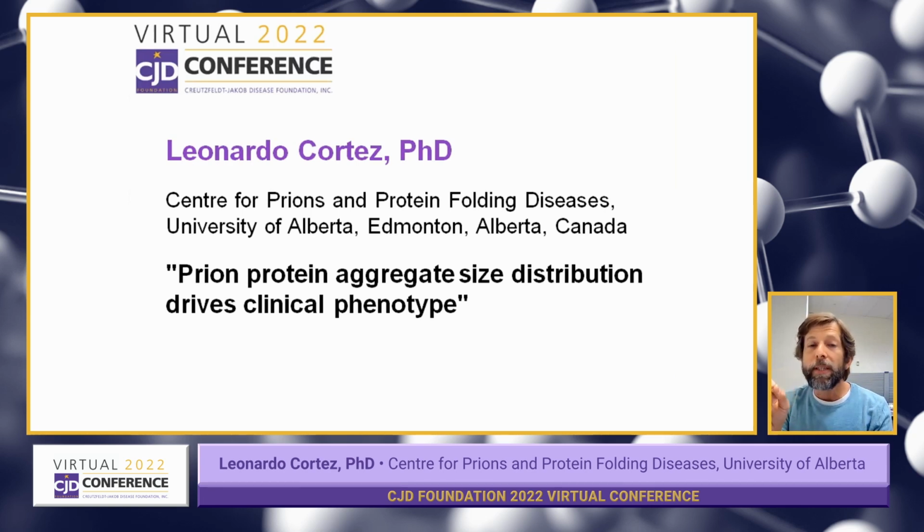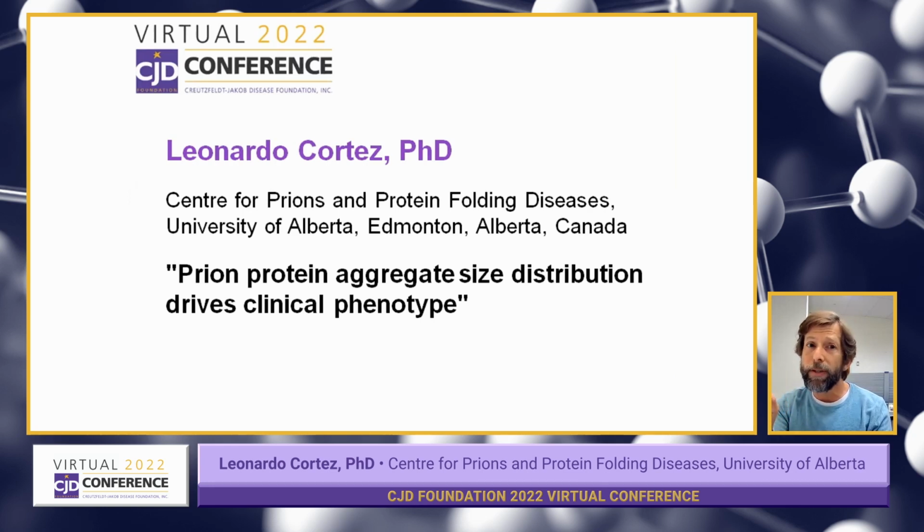And that aspect is the regionality. With regionality, what I mean is figuring out how these two populations of prion particles spread and how they grow in different regions of the brain.